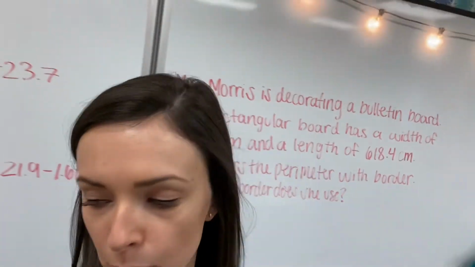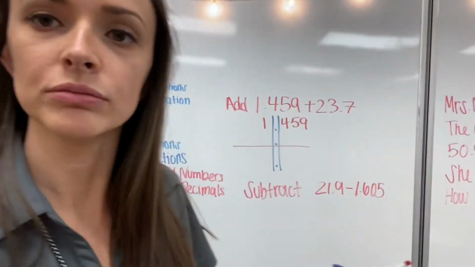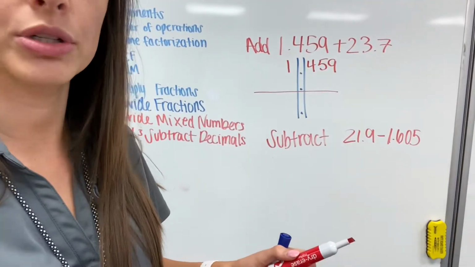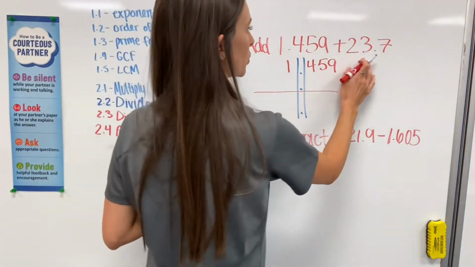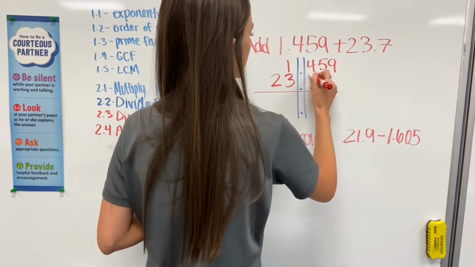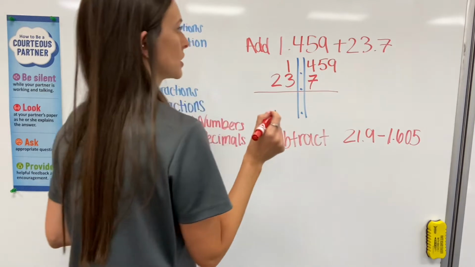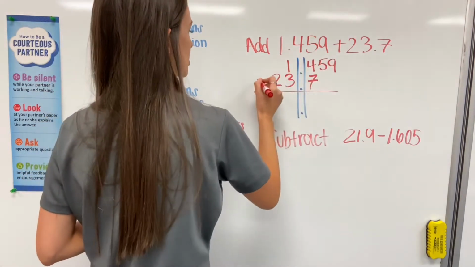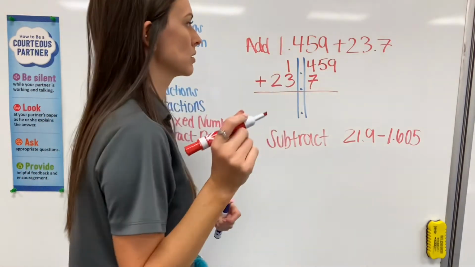It's missing the decimal, but you get the point. I'll add that decimal before we get back in person. And we have 23.7, or 23 and 7 tenths. So it says add. I see the addition symbol. I'm going to go ahead and do that.